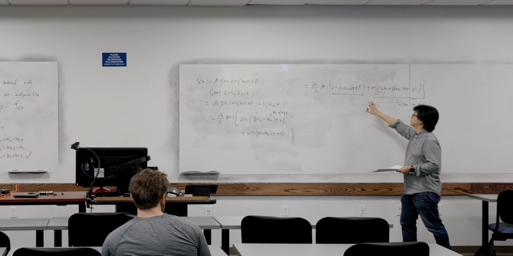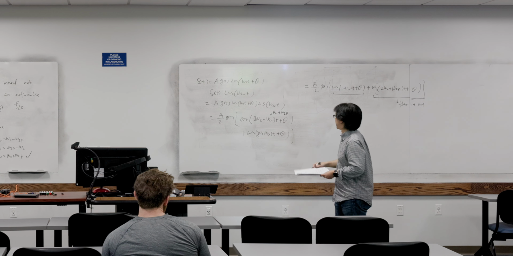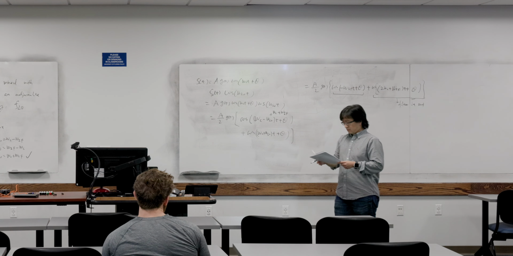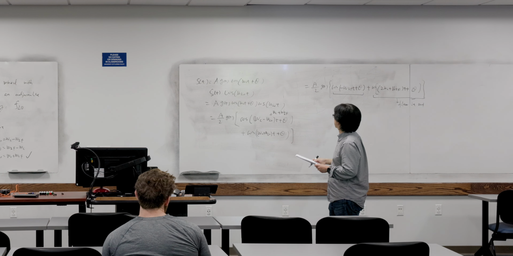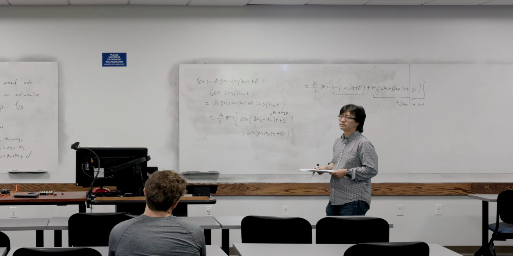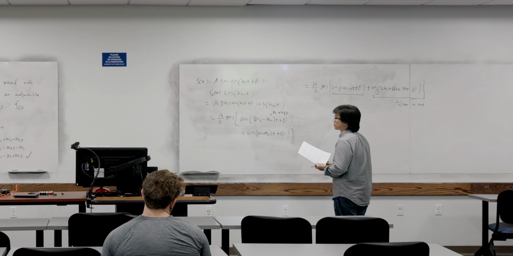And this part is what we want. For this minus sign, the cosine doesn't matter. So this is basically what we do. So any problems? Let's see whether we have any problems on that.